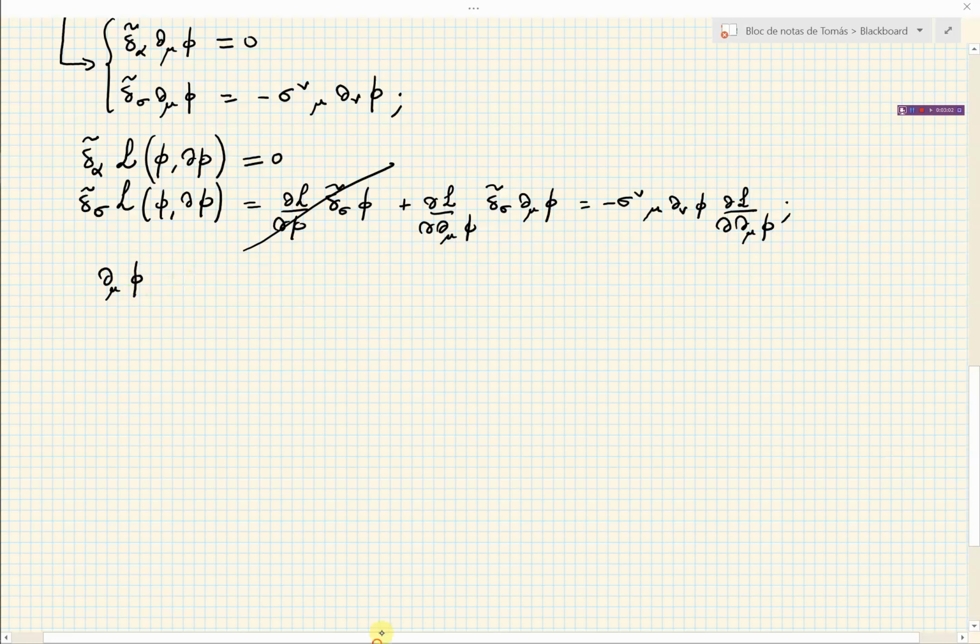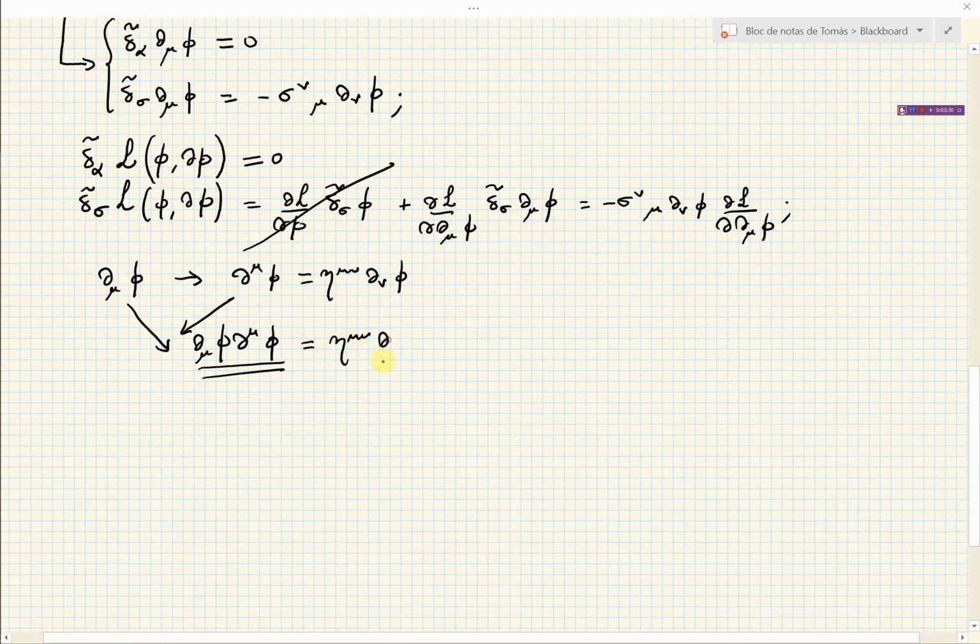So with the partial mu phi we can construct the partial mu phi, which would be eta mu nu partial nu phi, and then we know that the contraction of one form and a vector always gives an invariant. Okay. So this will be automatically invariant. You can express it like this if you want.